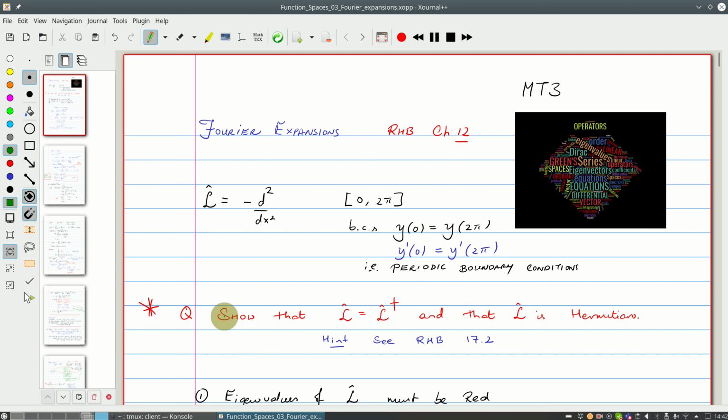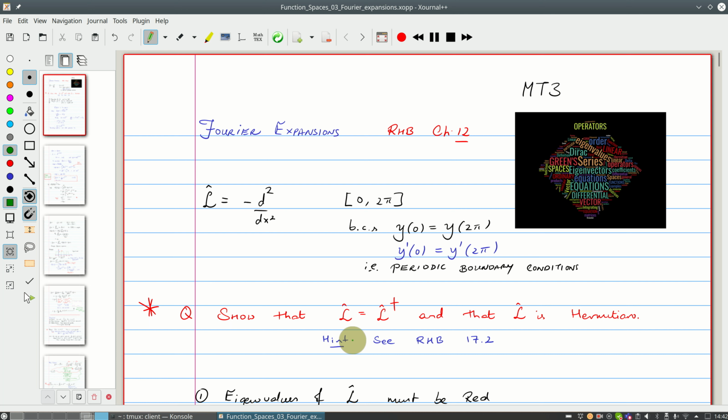Alright, now what I'd like you to do, and this is an exercise, is show that with these boundary conditions this operator is self-adjoint, so L is equal to L dagger, and L is also Hermitian. And if you remember the definition of a Hermitian operator, it means that not only is L equal to L dagger, but that those boundary terms vanish.